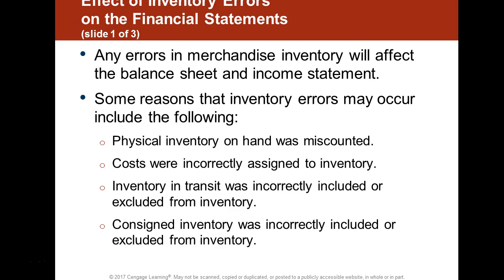Understanding the effects of inventory errors really helps you understand the relationships among these variables, whether it be inventory costs, the FIFO or LIFO methods being used, or the effect on the balance sheet, overstating or understating the asset. What happens if this inventory asset is understated? What happens if the cost of goods sold is overstated?